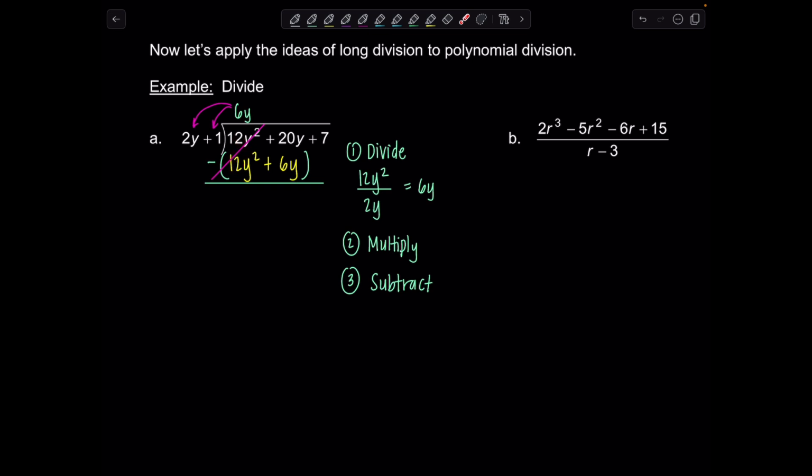Then here's where things can get a little dangerous. This minus sign has to distribute to everything in these parentheses. So this is 20y minus 6y, which gives me 14y. Now, if you're sitting there going, oh my goodness, Professor V, I'm going to forget that for sure, I am careless with the negatives, they always get me, then that's fine.